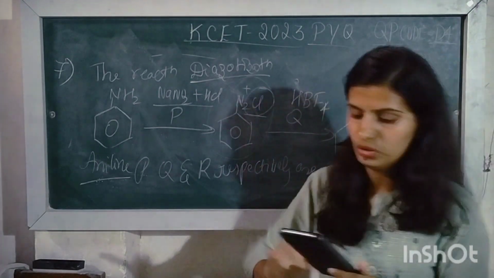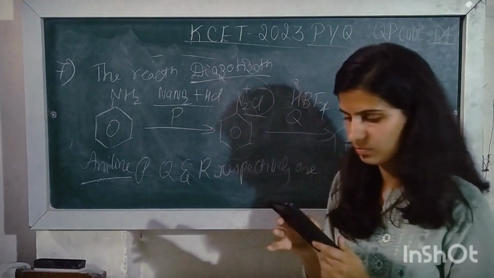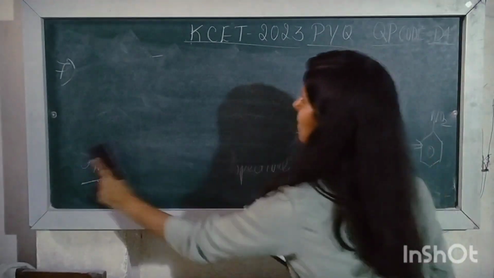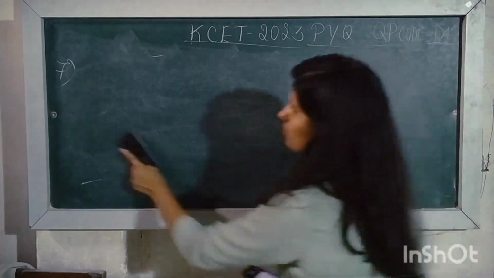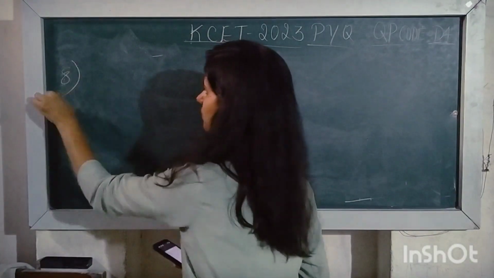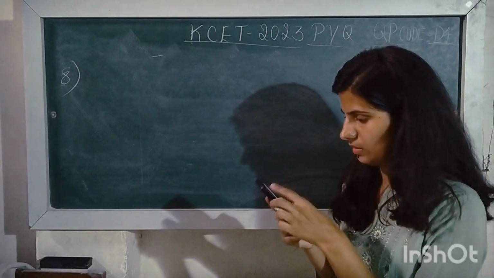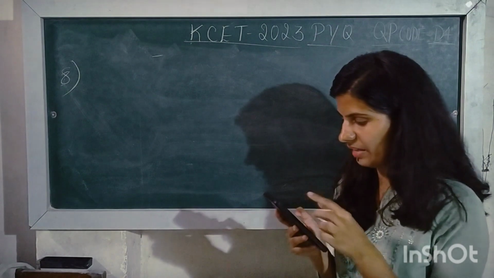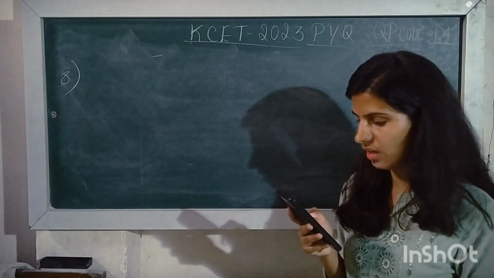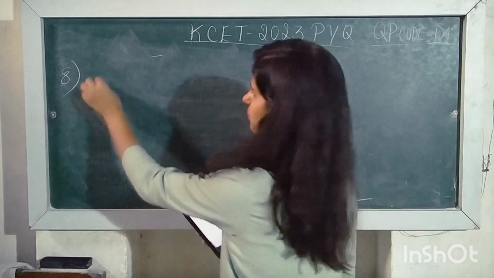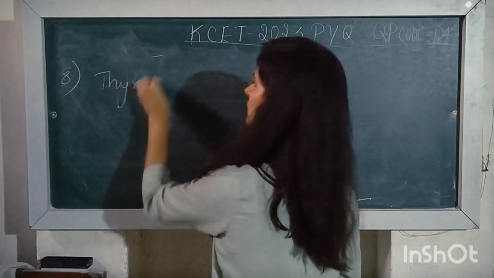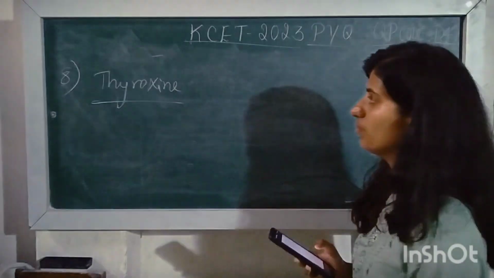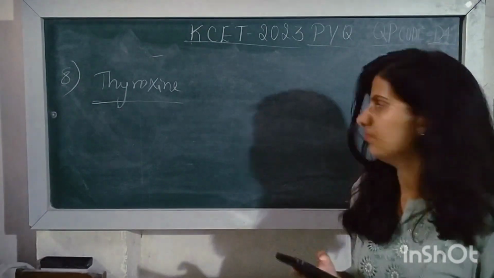Let's move on to the 8th question, that is from biomolecules. Thyroxine produced in the thyroid gland is an iodinated derivative of tyrosine. Thyroxine is produced by a thyroid gland, right?